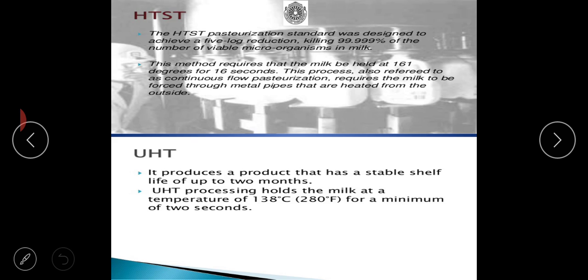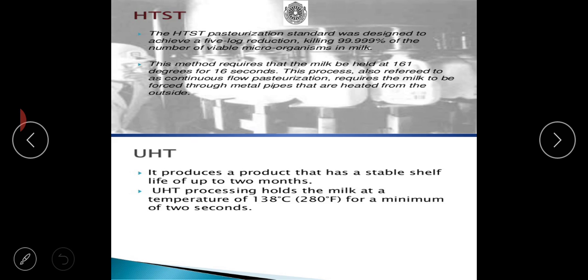This method requires that the milk be held at 161 degrees Fahrenheit for 16 seconds. This process is also referred to as continuous flow pasteurization and requires the milk to be forced through metal pipes that are heated from the outside.